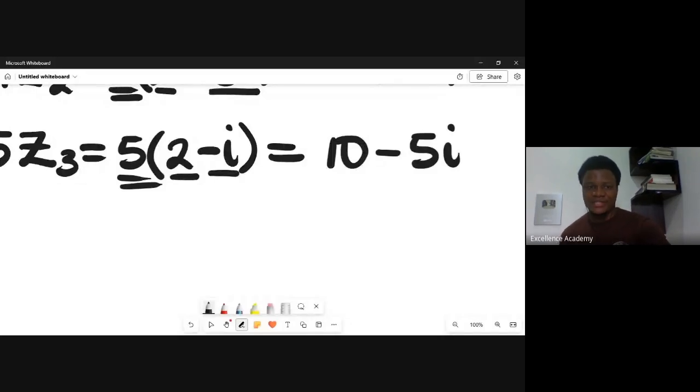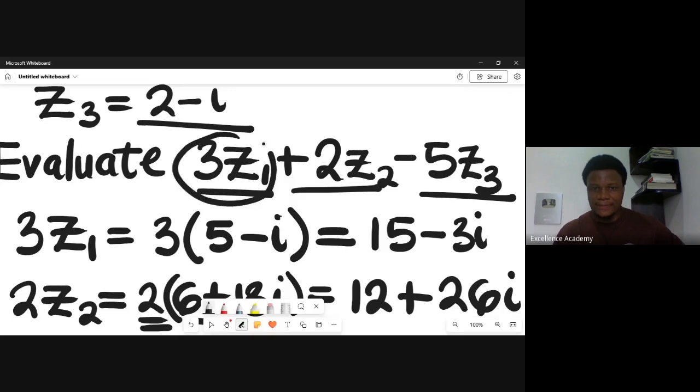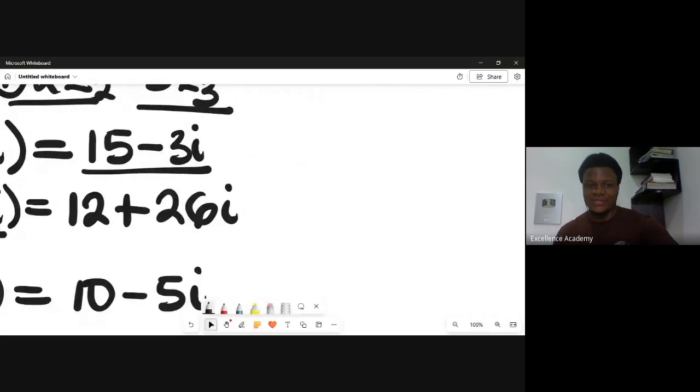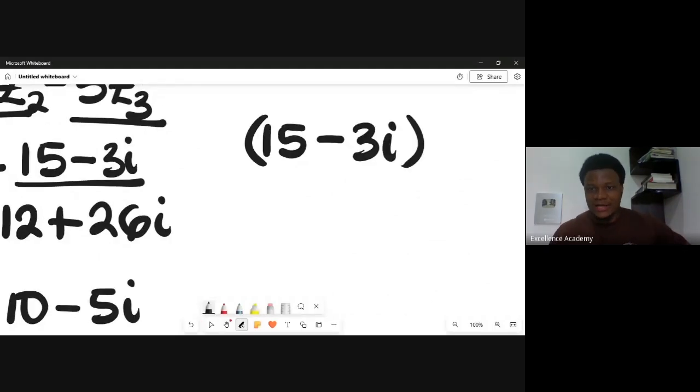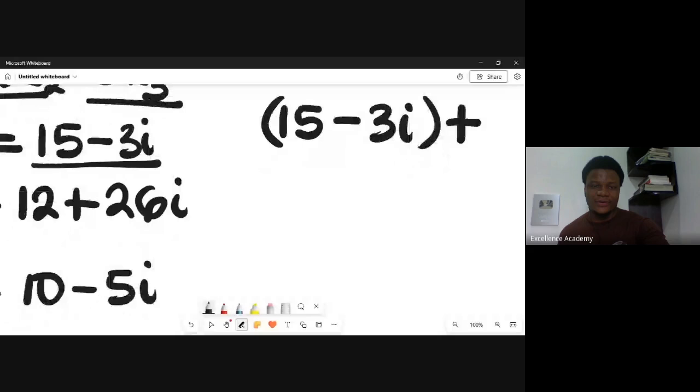All right, so with this, let's now solve this. If we say 3z1 plus, what's the value of 3z1? From what we have there, 3z1 is 15 minus 3i. So then plus the next thing there, 2z2. The value of 2z2 is 12 plus 26i.